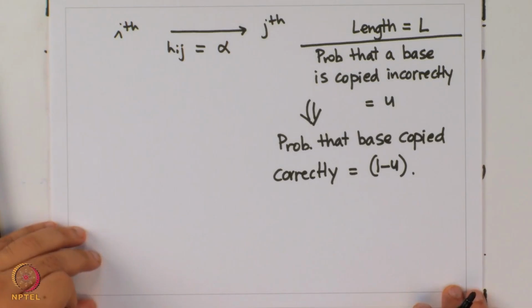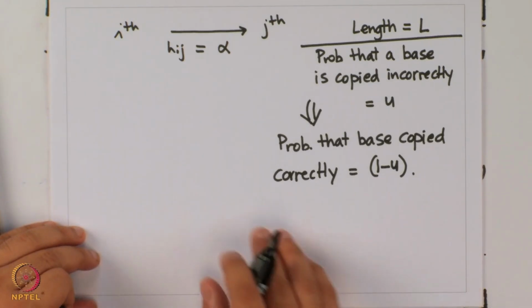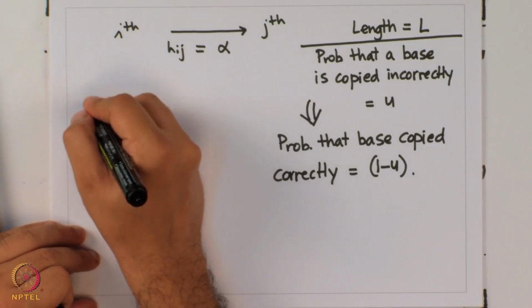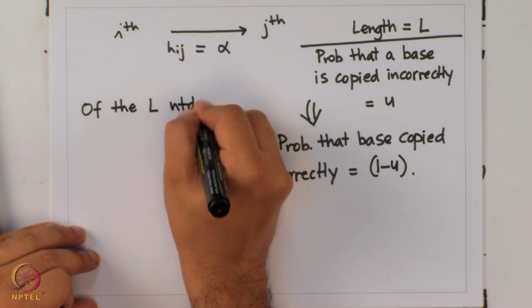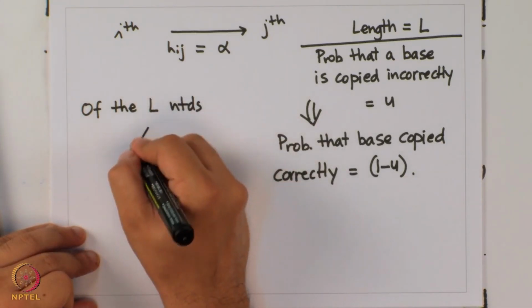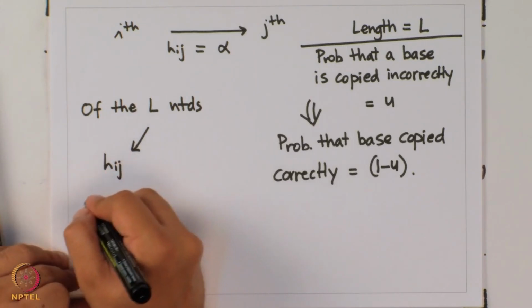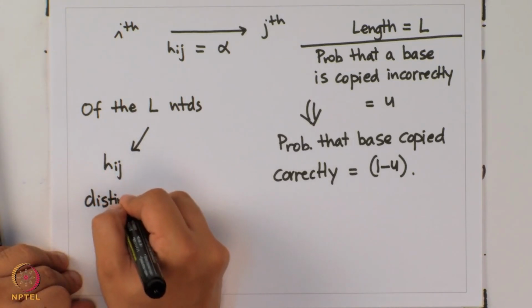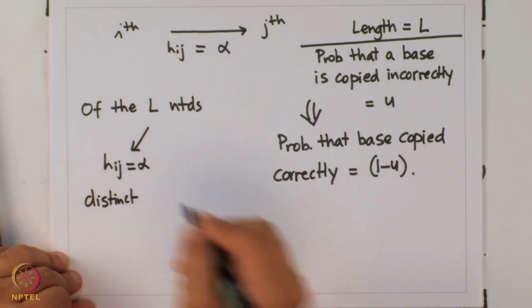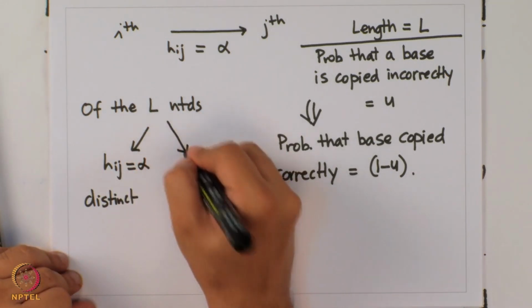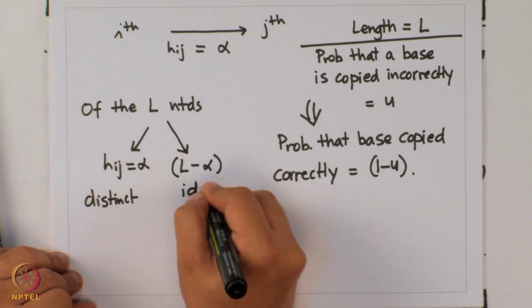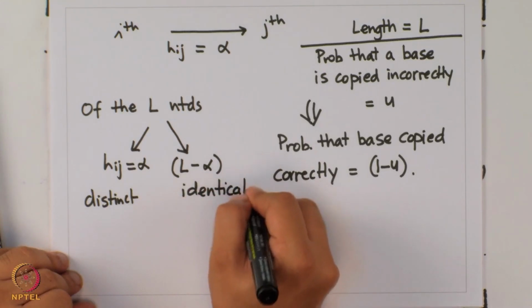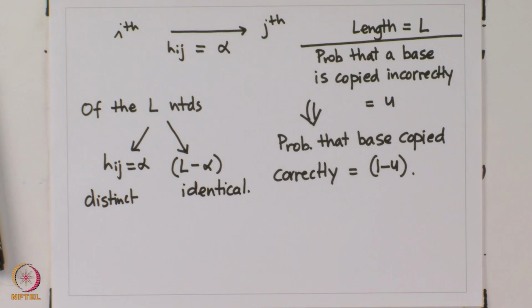All right. So, what this means is that of the L nucleotides in these two sequences, hij are distinct, and L minus alpha are identical. We do not know the precise location of where the differences between the ith and the jth sequence lie.